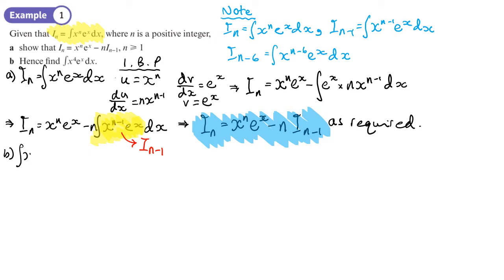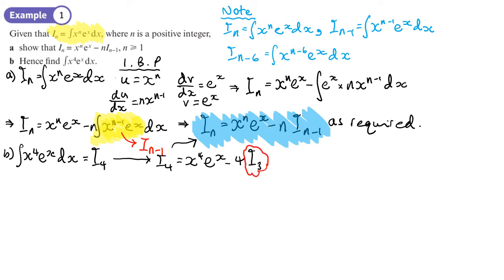So the integral of x to the power 4 e to the x dx is actually equal to I sub 4. So we can use the reduction formula, which is up here, to work out I sub 4. So I sub 4 is x to the power 4 e to the x minus 4 I sub 3.